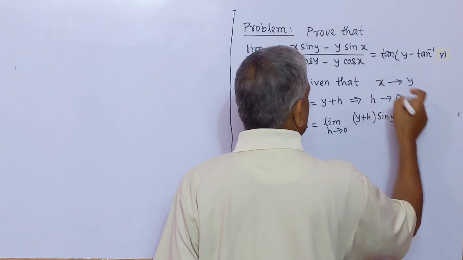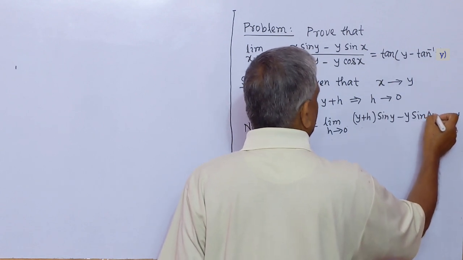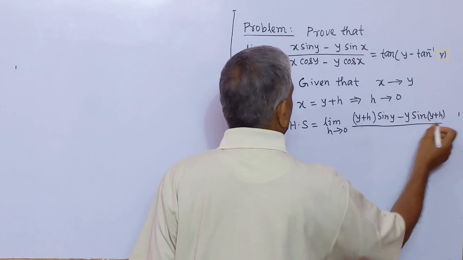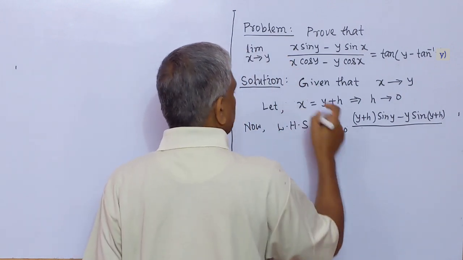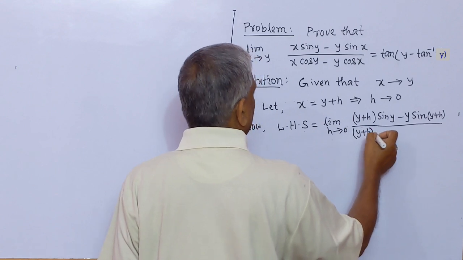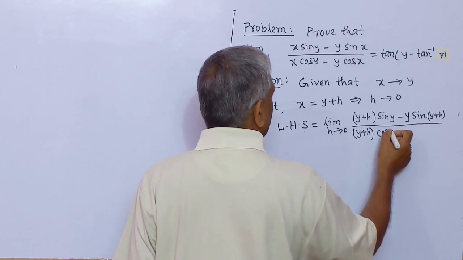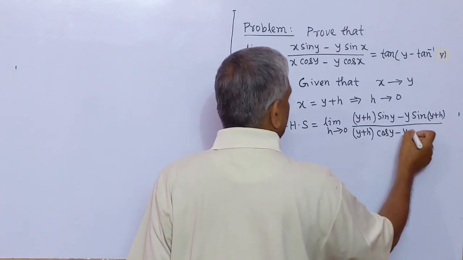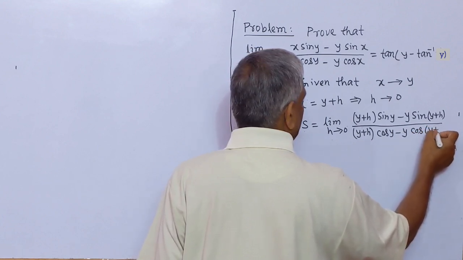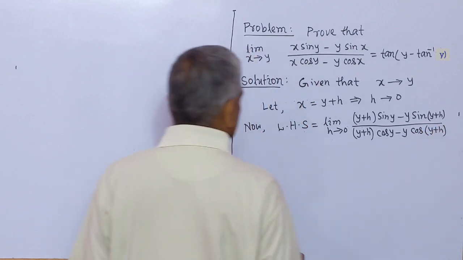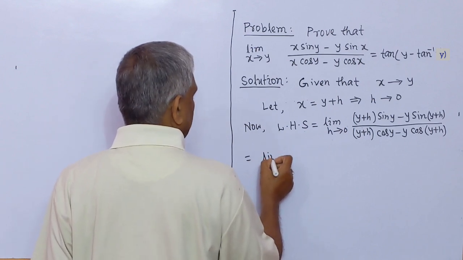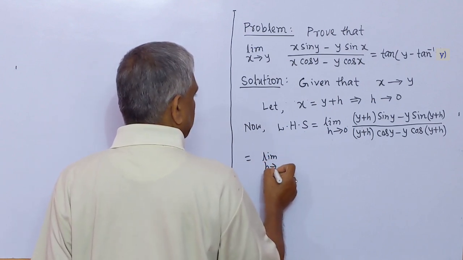In place of x, we write y plus h, by, in place of x we write y plus h, cos y minus y cos, in place of x we write y plus h, and this will be equal to limit h tends to 0.